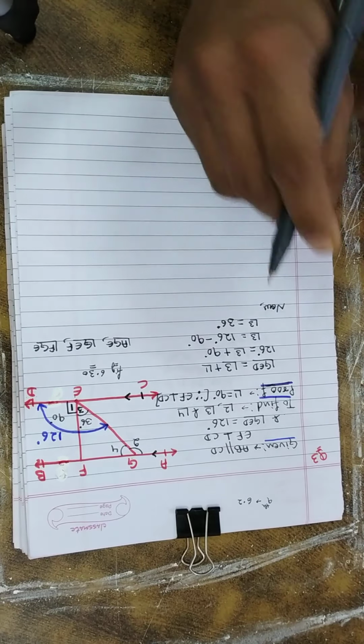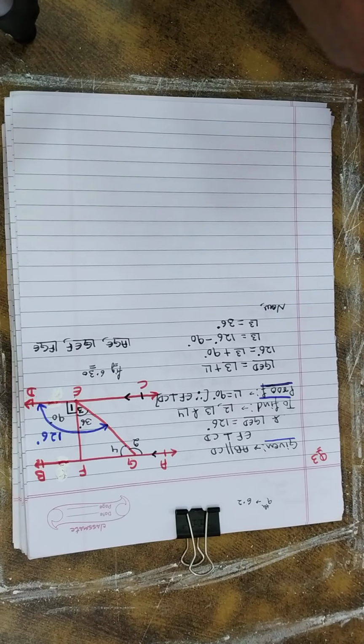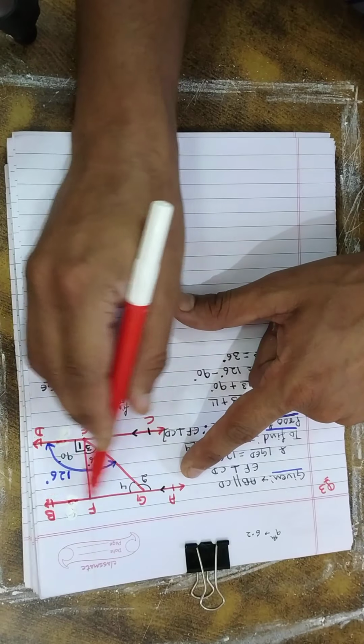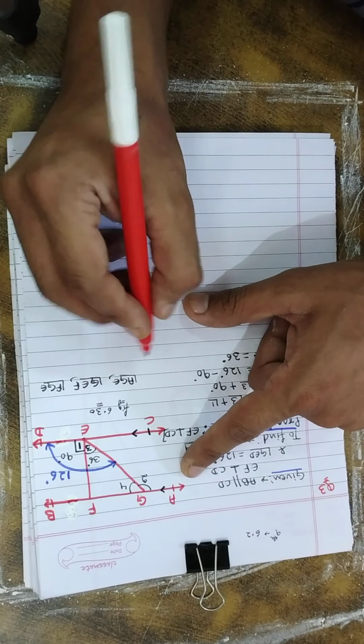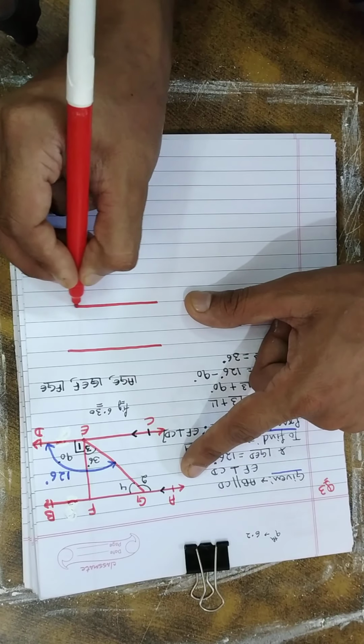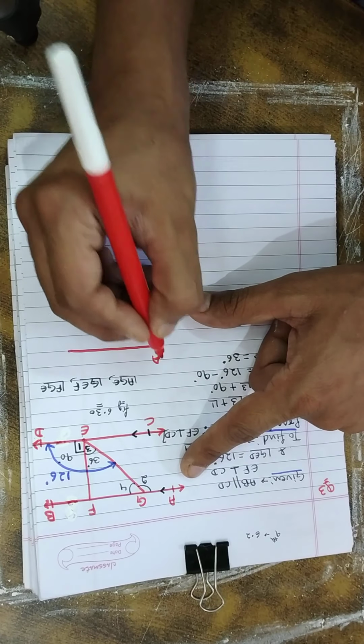Now I'm taking one different concept. See, a small diagram with only the AB line and the CD line.